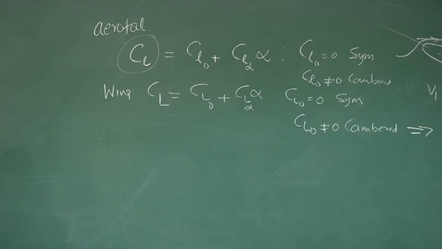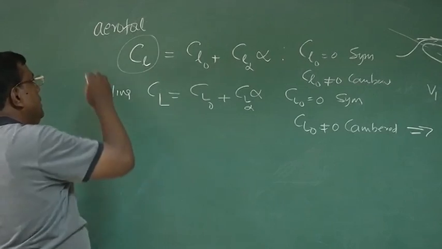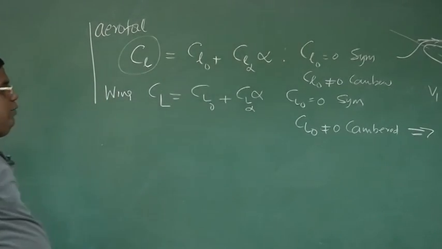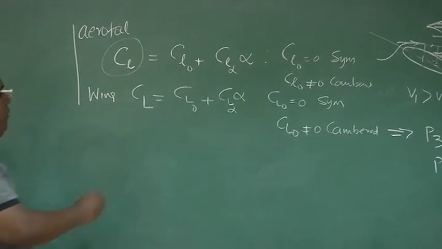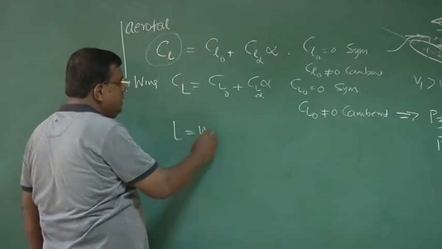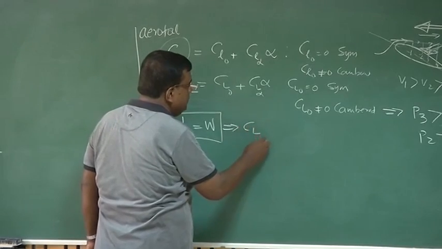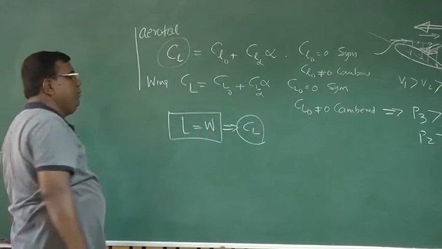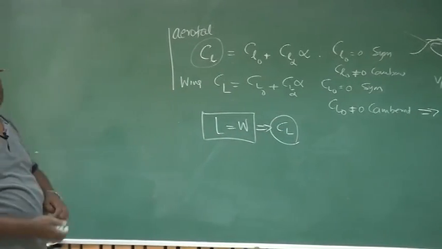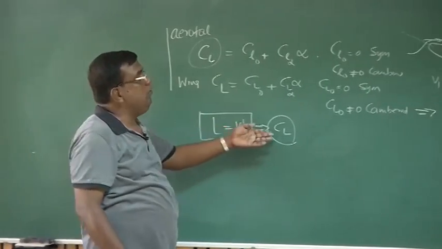Why is this important? You will soon realize that as far as flying a machine is concerned, if I have to maintain lift equal to weight, I need to fly at a particular CL, which will be governed by the weight, speed, etc. But the question is, how do I generate this CL when I'm flying?